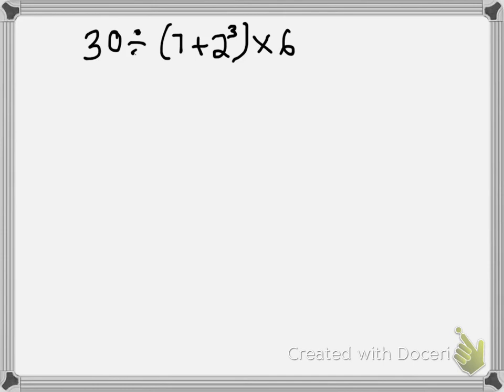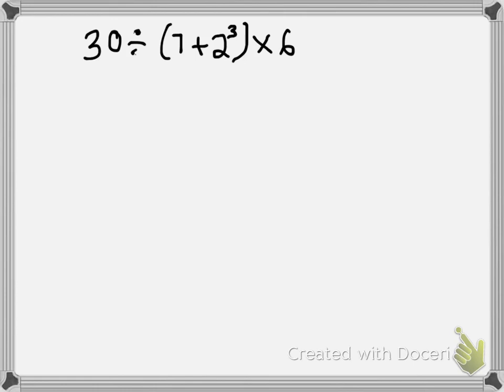Now, we do have parentheses, so we're going to go ahead and go into those parentheses. Within those parentheses, though, I still use the order of operations, so you can see that there is an exponent here that I need to go ahead and do. So my exponent of 2 cubed means 2 times 2 times 2.